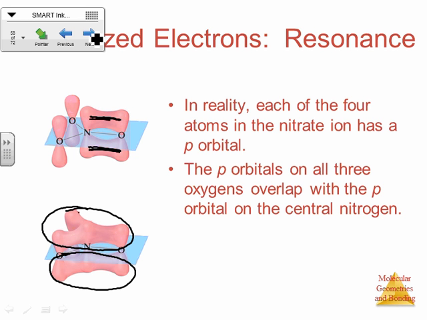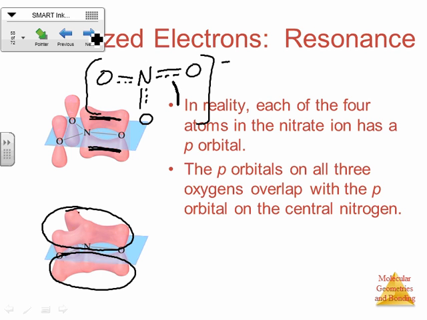And that's why when we talk about the strength of the bonds between the nitrogen and the oxygen, when we write this out to sort of try and show that, putting in all the lone pairs and all that, what you end up with here is bonds that are about 1 1/3, okay?